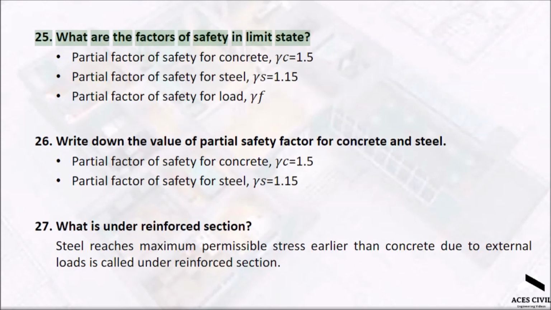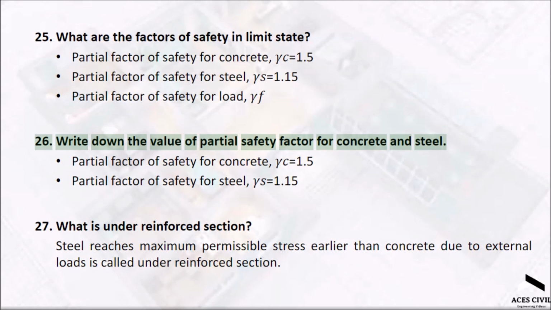What are the factors of safety in limit state? Partial factor of safety for concrete equals 1.5. Partial factor of safety for steel equals 1.15. Partial factor of safety for load.